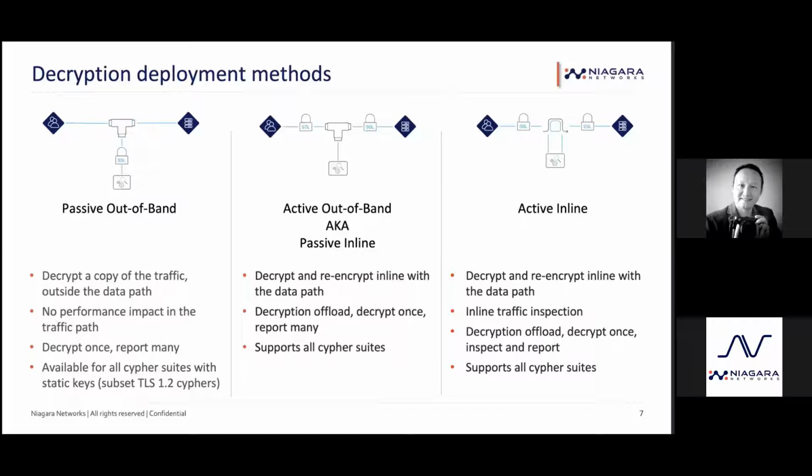Only after the traffic has left the last appliance, the final appliance in line, we re-encrypt the traffic and send it out to the client or the server. So these are the three different deployment methods of decryption that we offer, and which are usually available in the market.